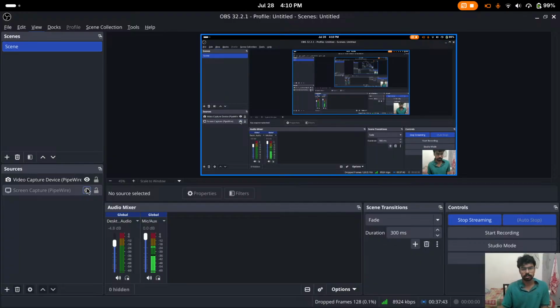Let me stop the stream now. I don't know what's happening to my laptop, but the fan of my laptop is running pretty fast. The fan is making a lot of noise, but I don't think the CPU is making that much noise. What happens to it sometimes? I don't even know.